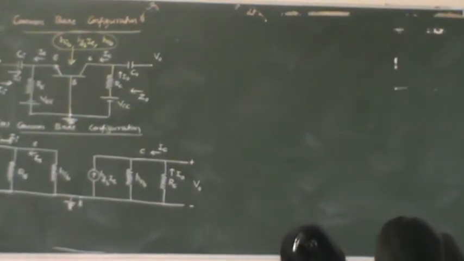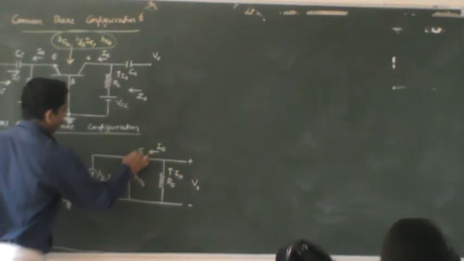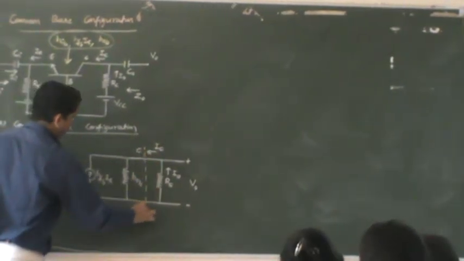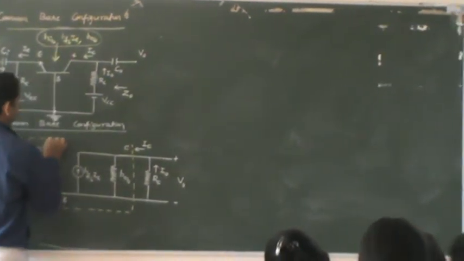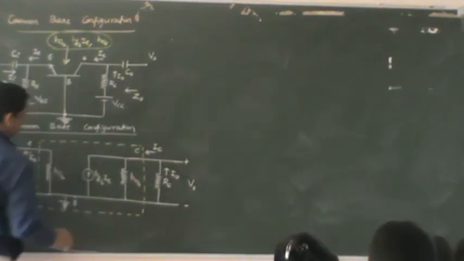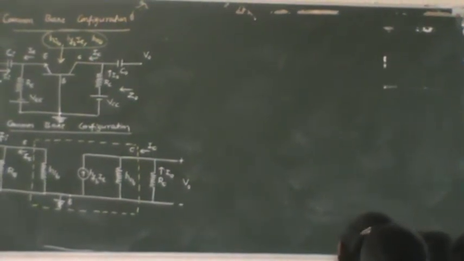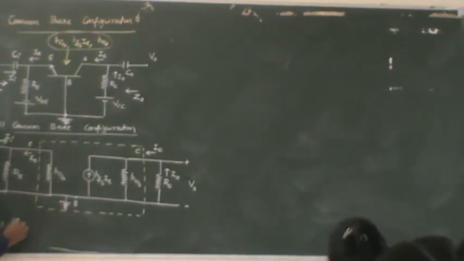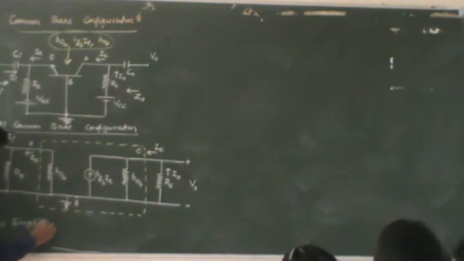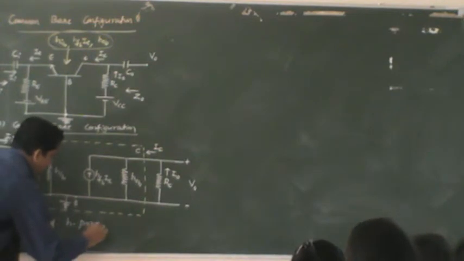Now let me show the transistor with dotted lines. We call this figure B. This is the simplified H parameter equivalent model.